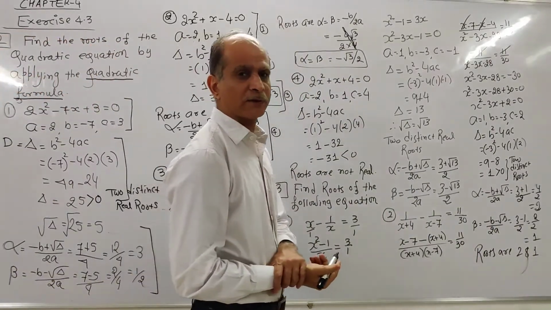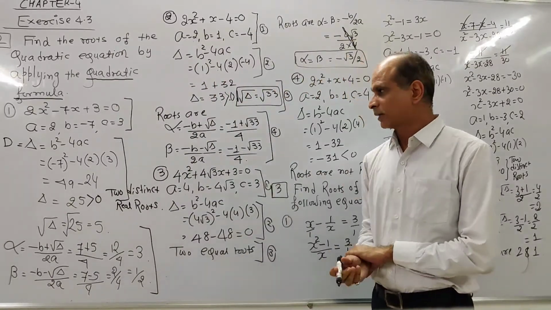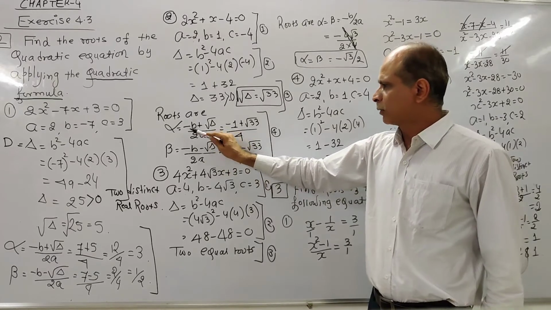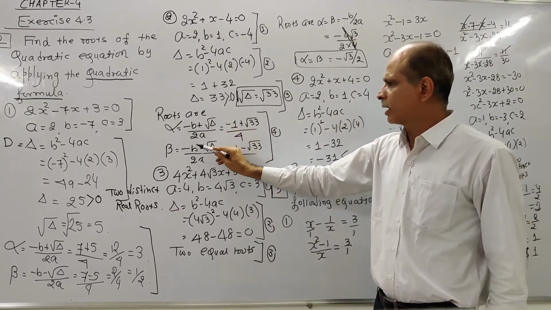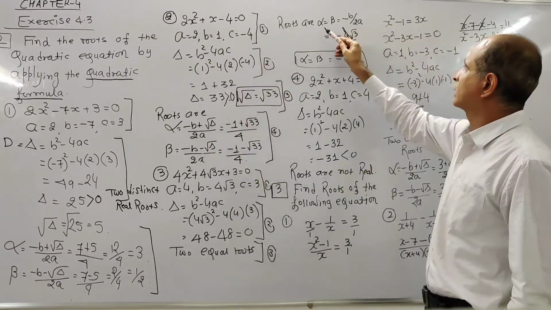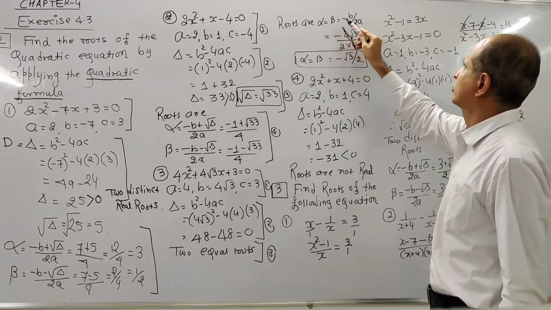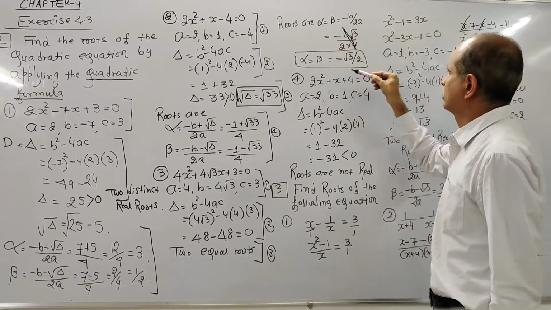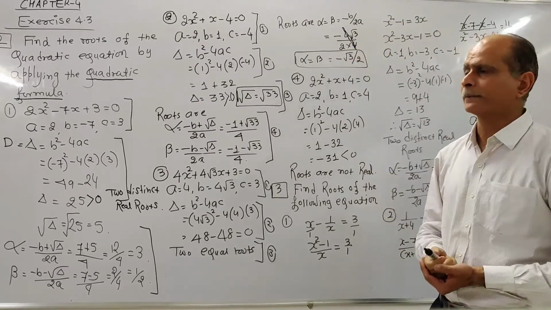If the value of delta is equal to 0, there is no need to write alpha and beta is equal to minus b plus under root delta by 2a or minus b minus under root delta by 2a. You can write directly alpha is equal to beta is equal to minus b by 2a. Put the value of b and a and you can find the value of alpha and beta.